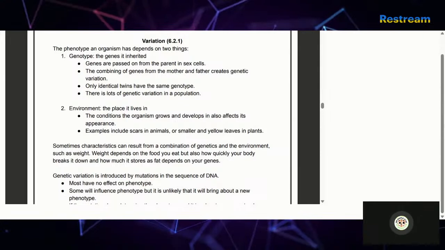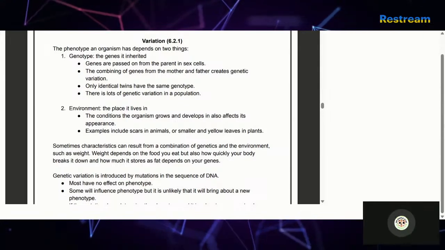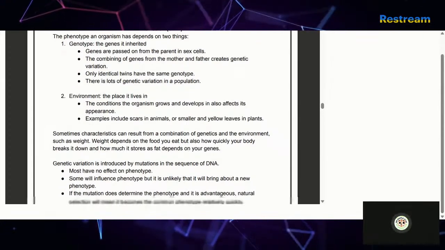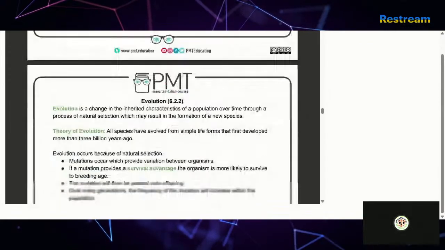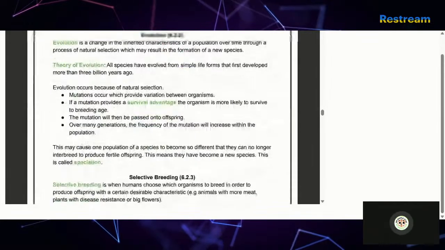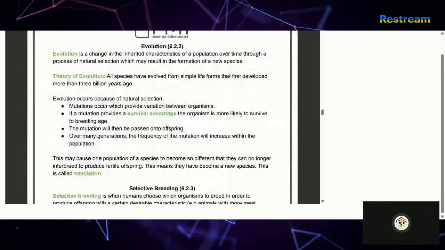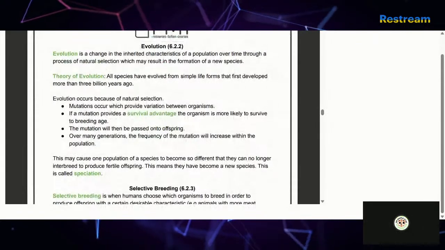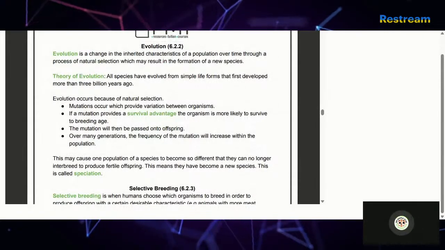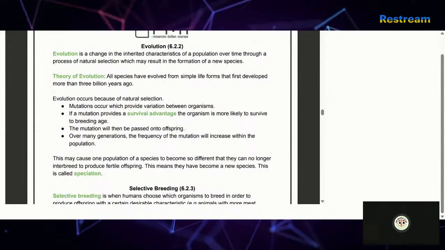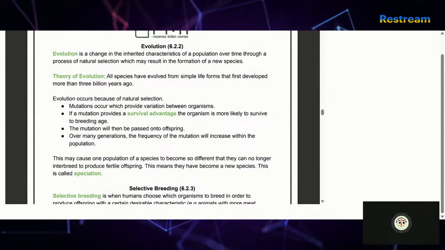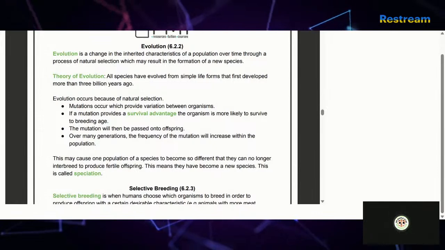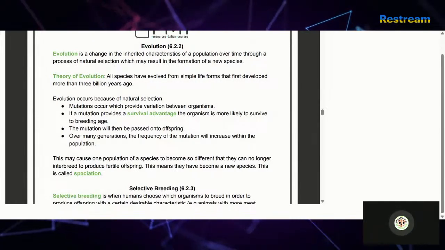Now, mutation is also relevant in this section because mutations, as we said, are changes to sequences of bases in the DNA that are totally random and spontaneous. Most mutations have no effect at all on the protein that the gene codes for, so most have only a small influence.